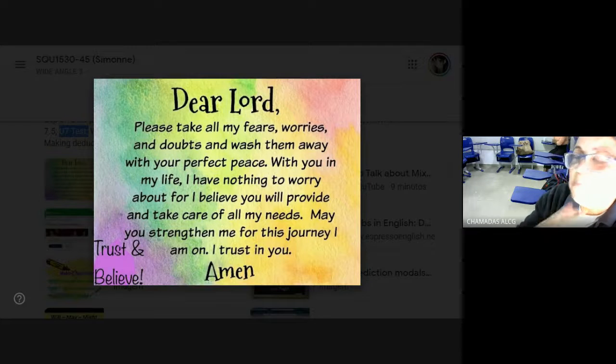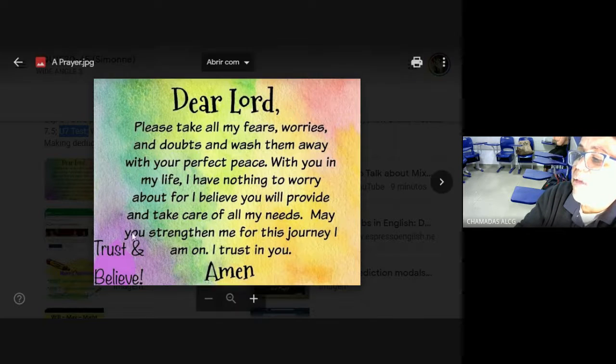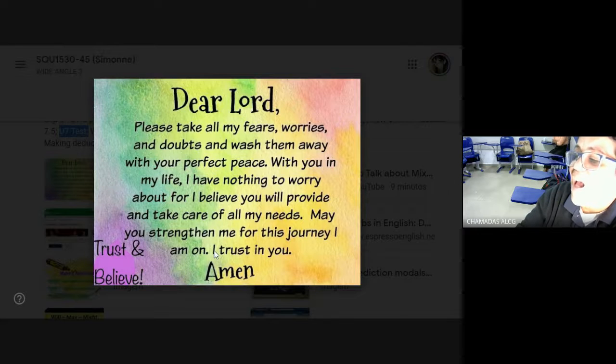With you in my life, I have nothing to worry about, for I believe you will provide and take care of all my needs. May you strengthen me for this journey I am on. I trust in you. Amen.